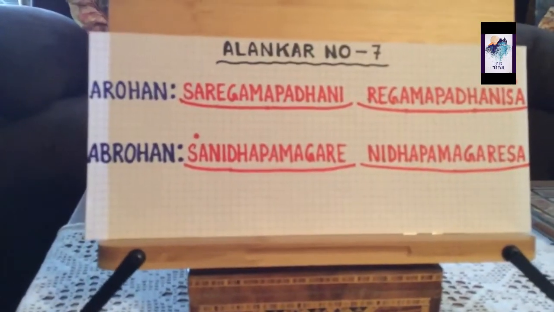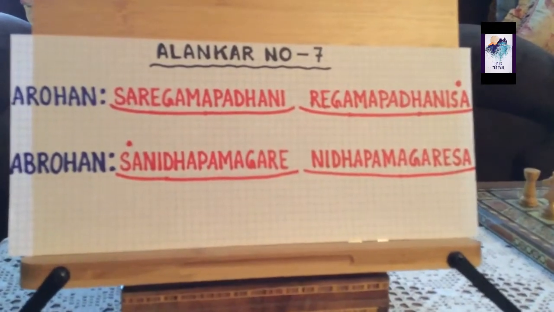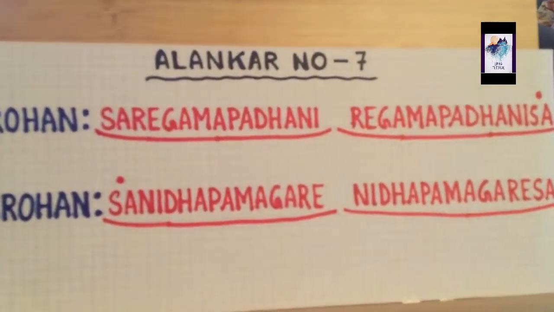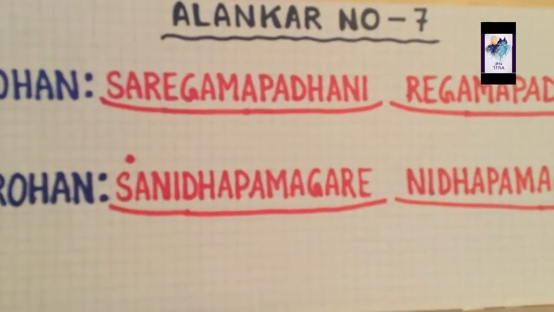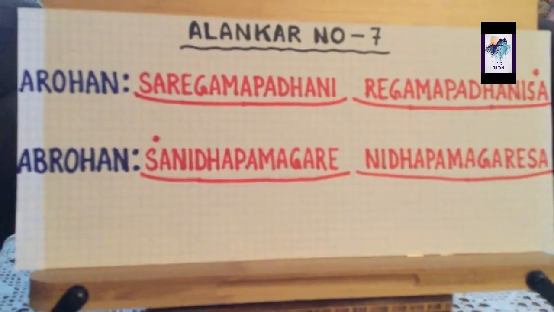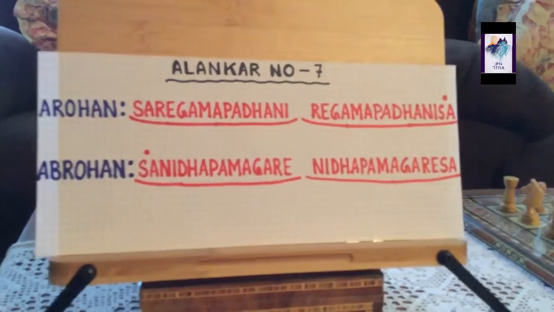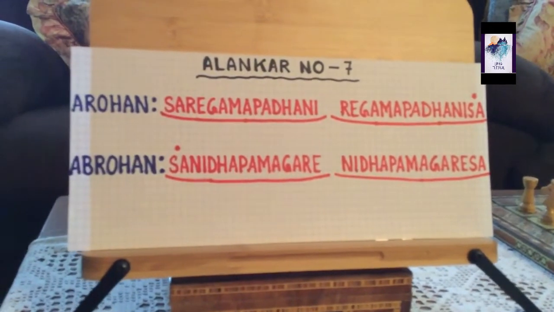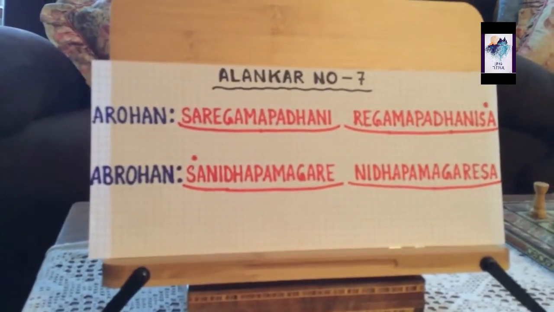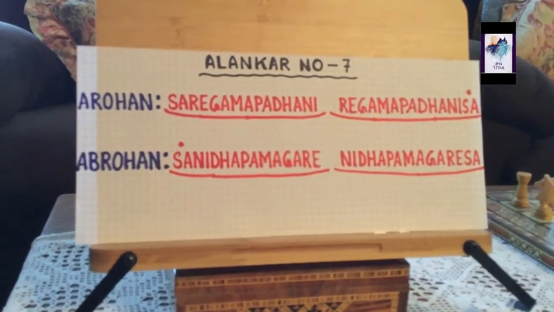Avrohan: sa ni dha pa ma ga re, ni dha pa ma ga re sa. 7 notes exist in each beat and there is a curve under the notes which indicates each beat. Okay, clear?